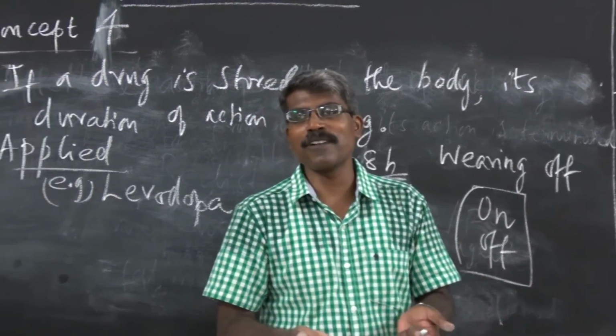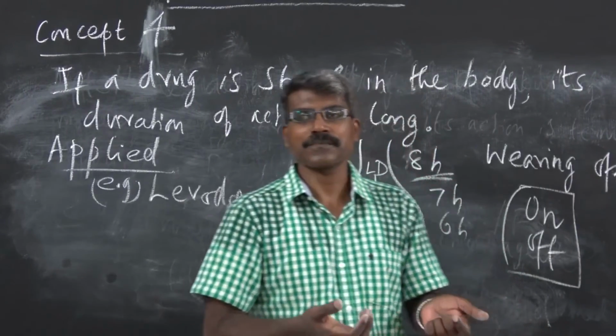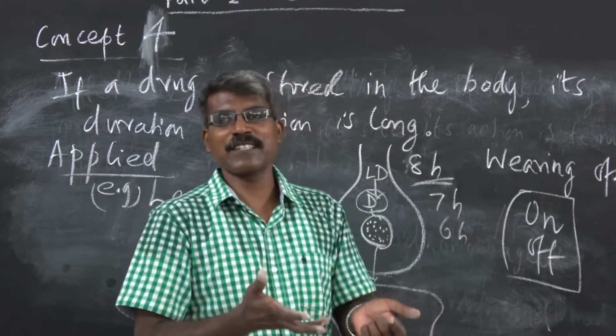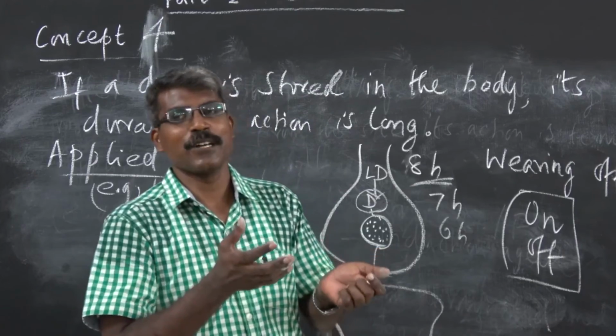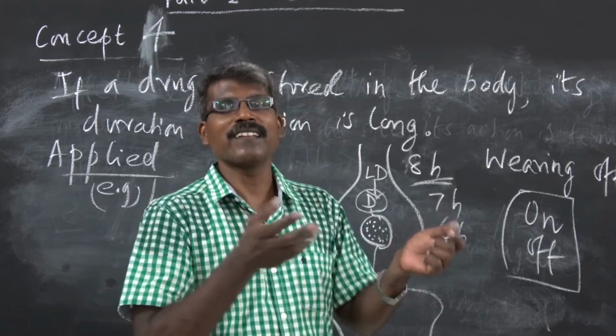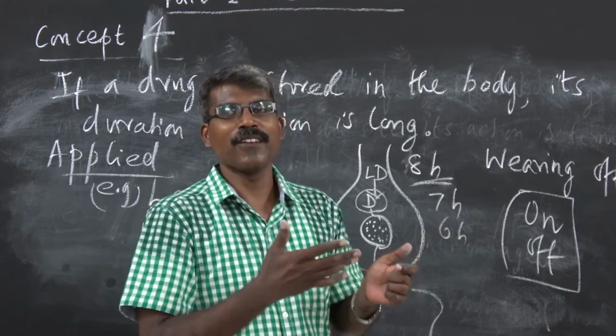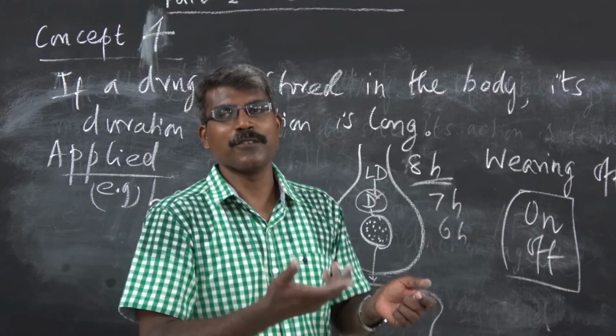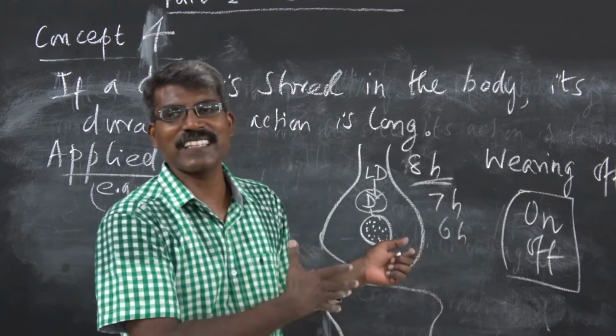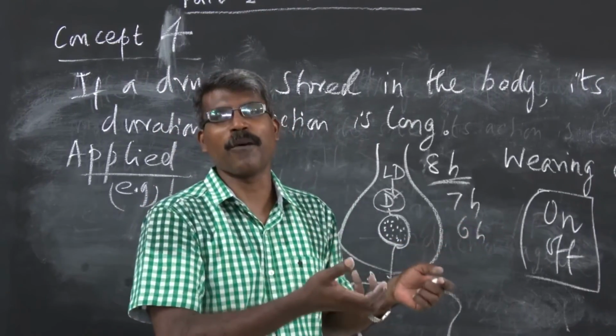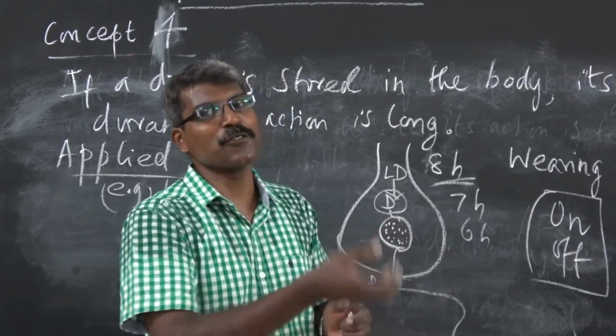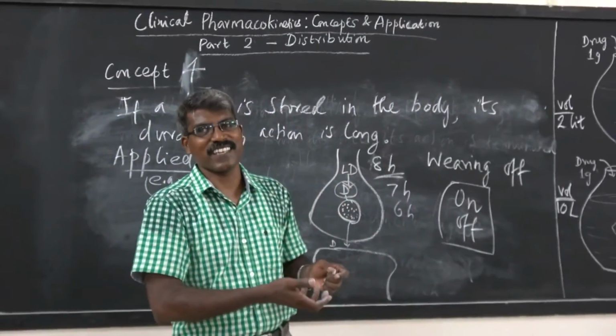The last principle which we saw was that if a drug is stored in the body, then its duration of action is long, and the elimination half-life will not give an idea about the duration of action. We saw a very classical example of a drug being stored in the body: levodopa converted to dopamine, stored inside the vesicles.